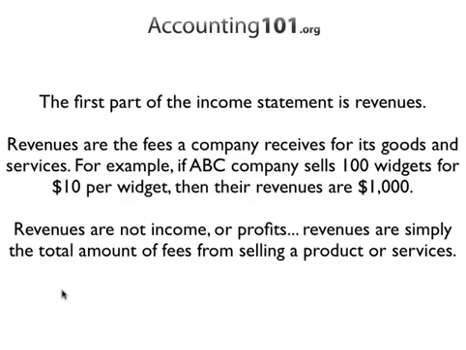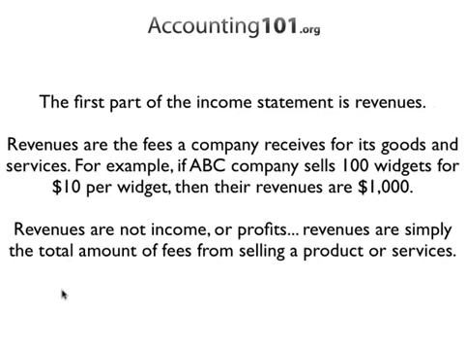And so the first part of the income statement is revenues. Revenues are the fees that a company receives for its goods and services. So, for example, if ABC Company sells 100 widgets for $10 per widget, then their revenues are $1,000. That's the total amount of money that they have received.